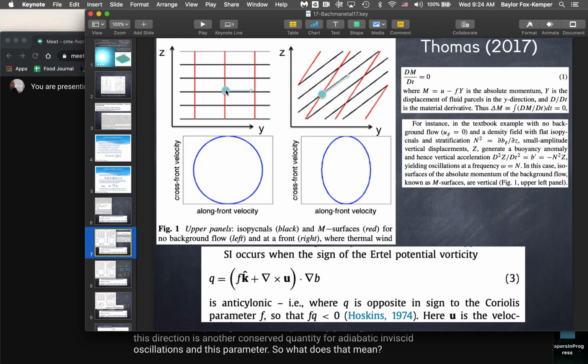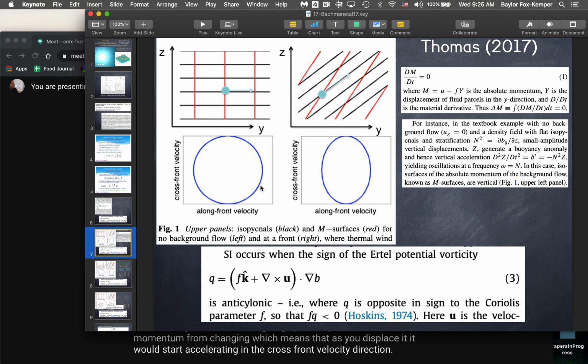Let's think about if we displace this little blue dot to the right, it would accelerate. As you displace it, this f y is going up, which means that u must also be going up to keep this absolute momentum from changing, which means that as you displace it, it would start accelerating in the cross-front velocity direction.